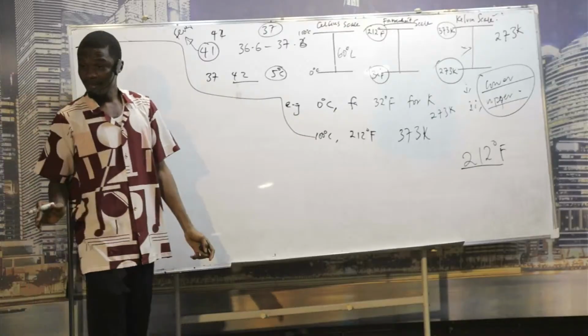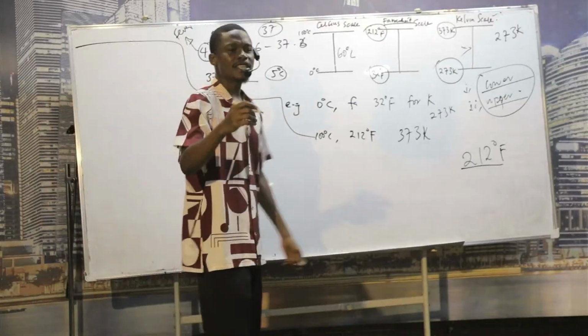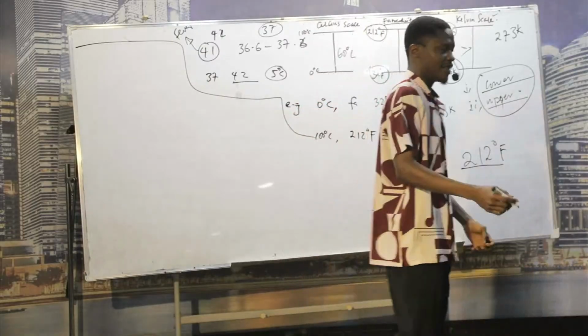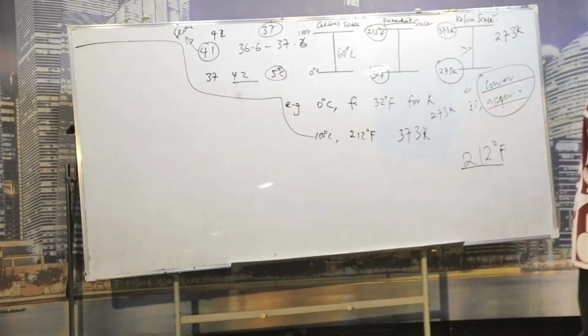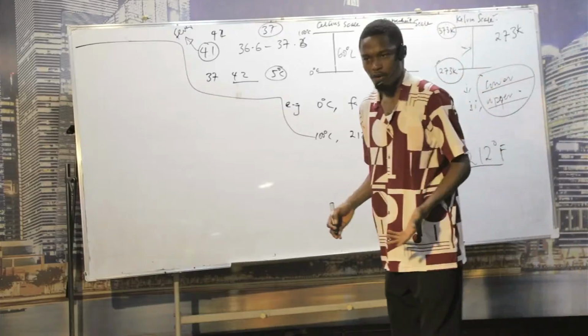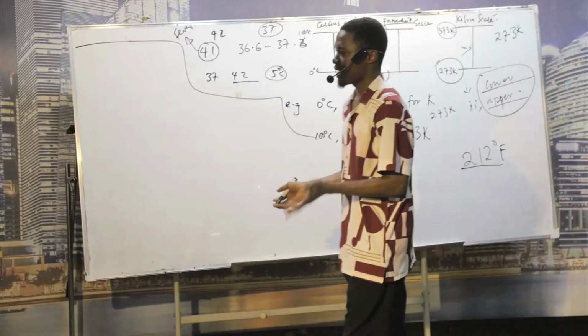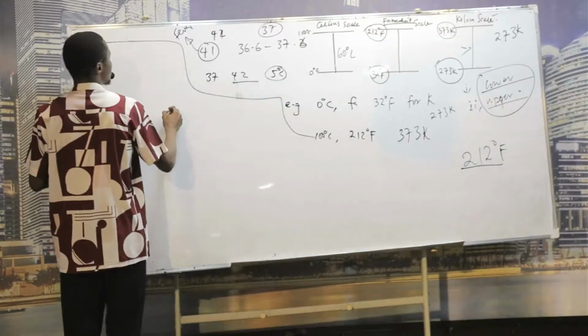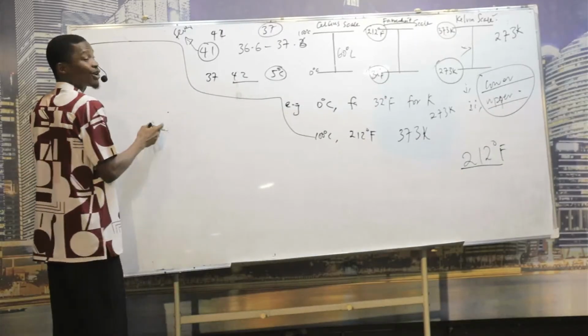Now, you see that when you're solving questions on gas law, let's say Charles law, that has to do with temperature, or you're using the general gas law. You know the general gas law, right? Whenever they give you temperature in degrees Celsius, you have to convert it to Kelvin before you start solving.